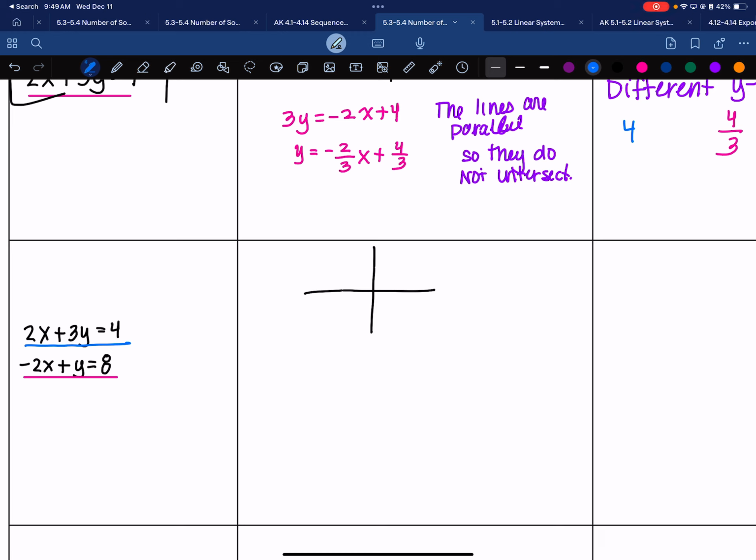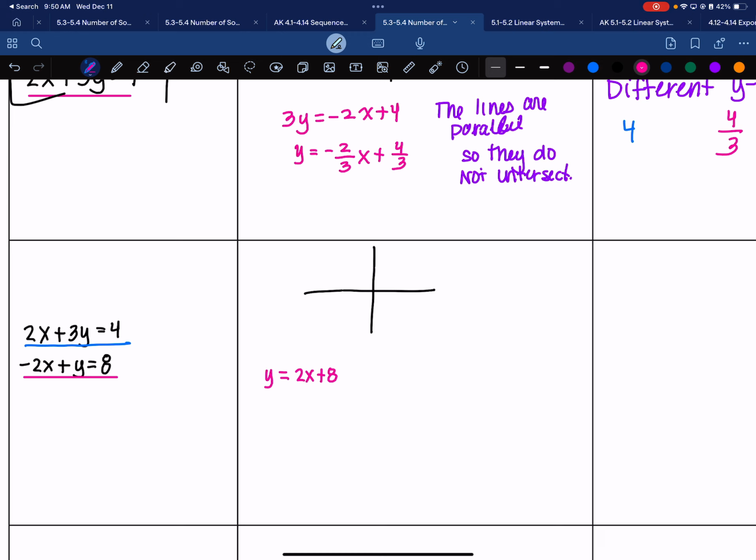Michelle, what do you want to do? That sounds like a great idea. The pink one's easy. Y equals 2x. Okay, so you want to go ahead and graph it? Sure. If we are graphing that, we're just estimating, right? We don't exactly know.